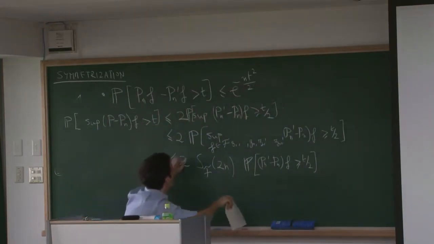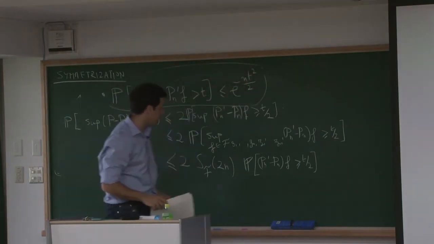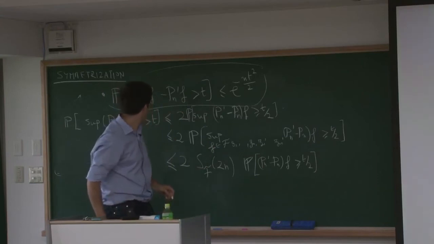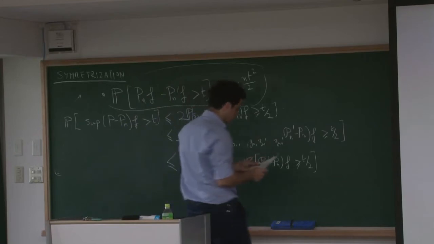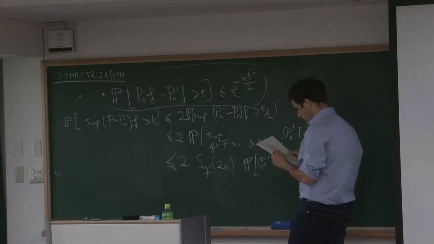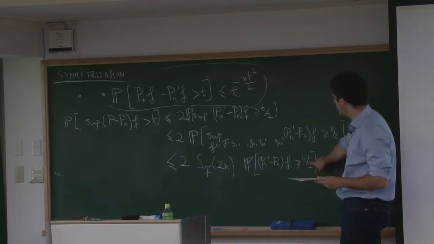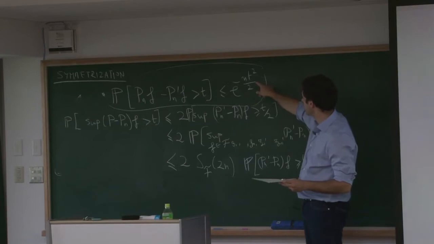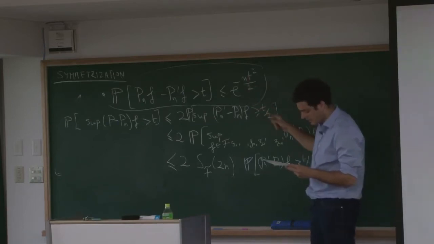now you can use this version of Hoeffding's bound to basically write... I'm sorry, I think I forgot. Oh, yes. So here we have a t divided by 2. So the term here is going to be exponential of minus n t squared divided by 8.